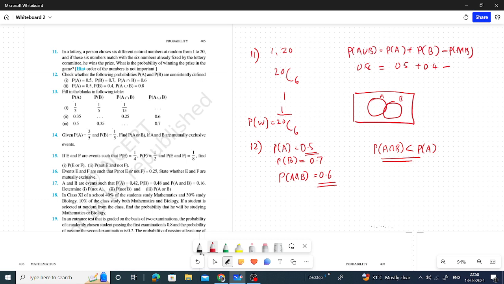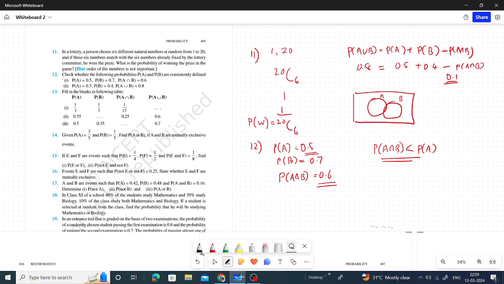So we don't know probability of A intersection B. Substituting, 0.8 equals 0.5 plus 0.4, which is 0.9, minus this, so this must be 0.1. So 0.1 is a possible value of probability of A intersection B. Therefore it is correctly defined. So that is the answer.